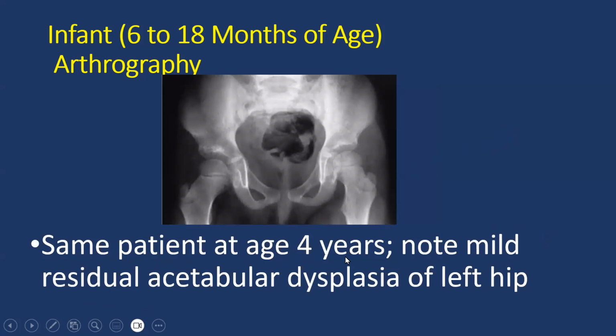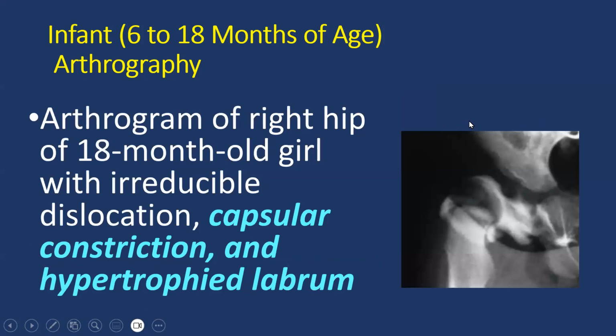The same patient at age 4 years, note the mild residual dysplasia of the left hip, because they identified these structures. Another patient is an arthrogram of the right hip of an 18-month-old girl with irreducible dislocation.